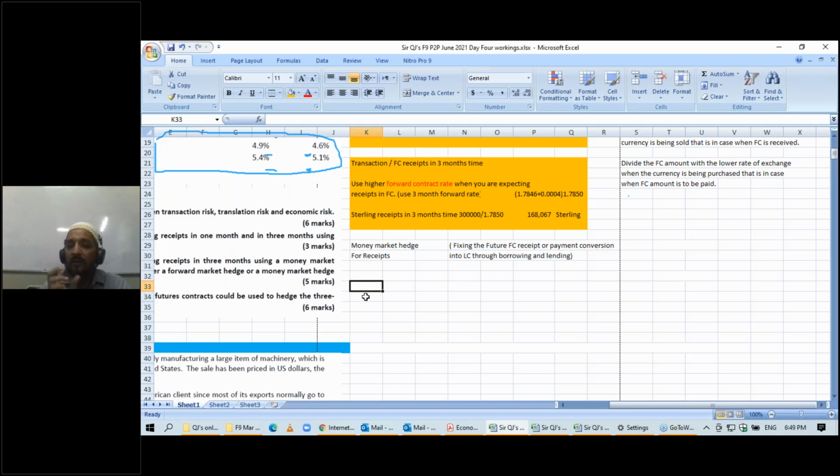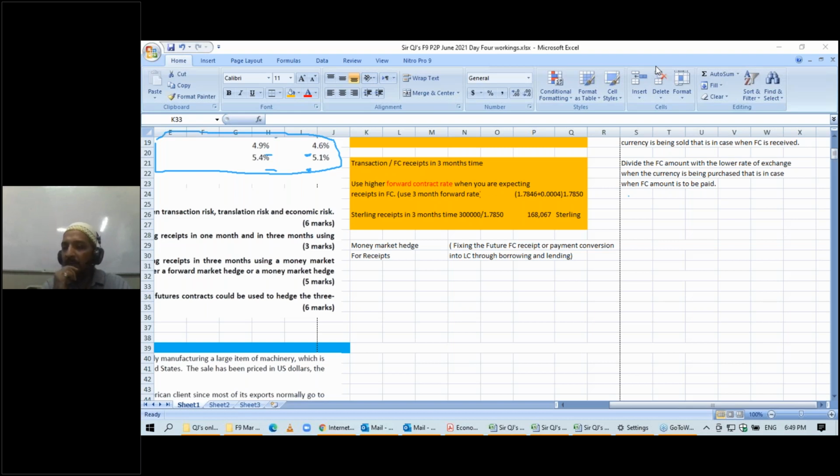So if you are going to receive foreign currency in 3 months' time, the tip is to obtain foreign currency now. Obviously the customer won't pay you 3 months before. You are expecting payment after 3 months' time. So the tip is to borrow foreign currency now.